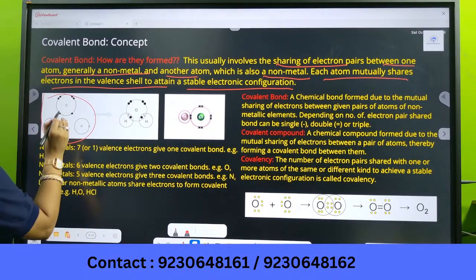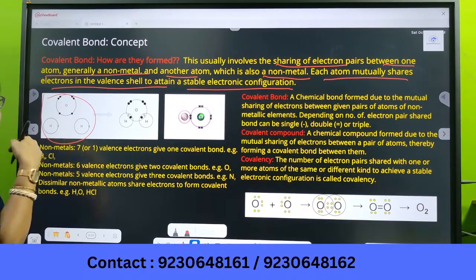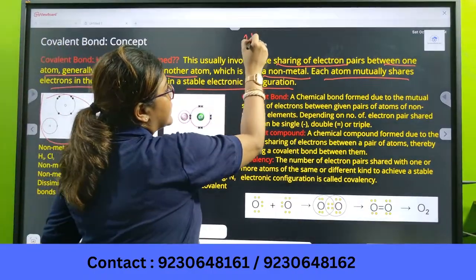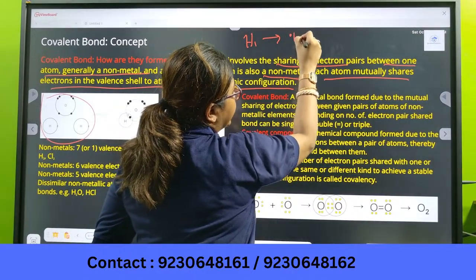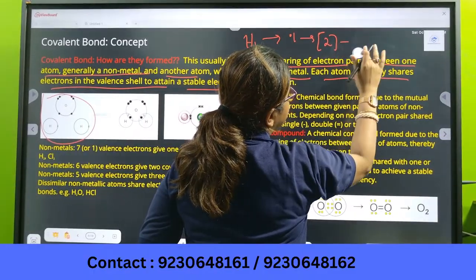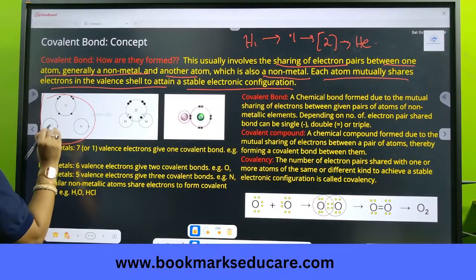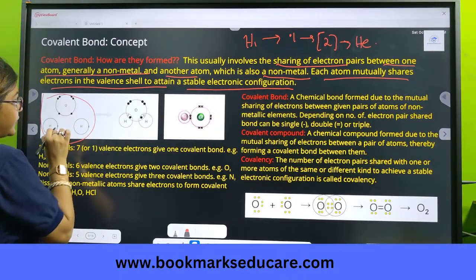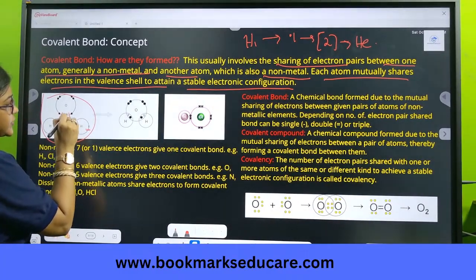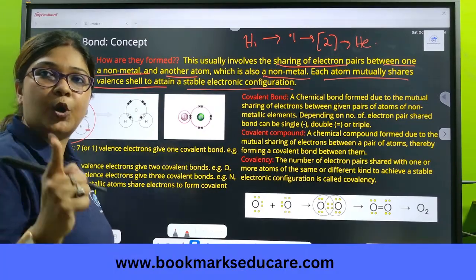So what will happen? Oxygen has a shortfall of 2 electrons, and hydrogen will try to gain 1 electron, so it becomes 2, like that of helium. So here the electron of hydrogen will be mutually shared with 2 electrons of oxygen to form 2 single covalent bonds, right?